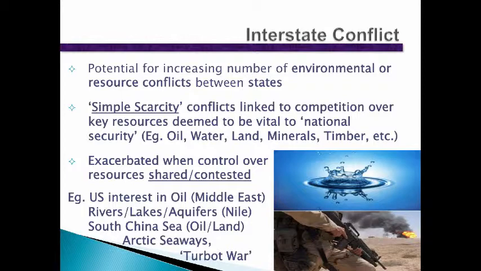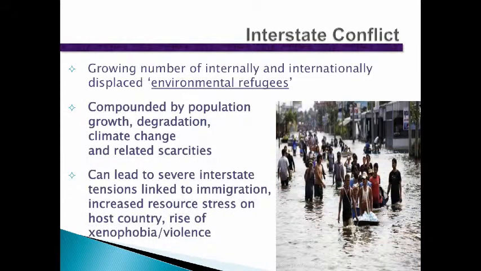Aside from the potential for these conflicts over simple scarcity, over who would gain access to some of these vital resources, we're also seeing the potential for interstate conflicts over some other broad patterns resulting from environmental degradation and damage, and also scarce resources, in terms of the growing number of so-called environmental refugees that have emerged around the world.